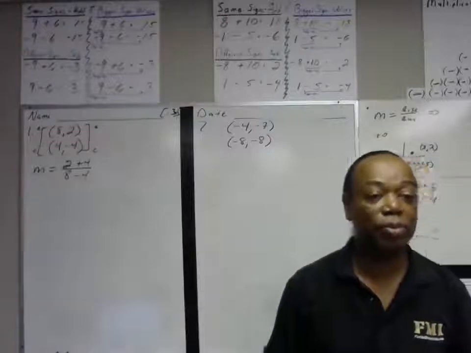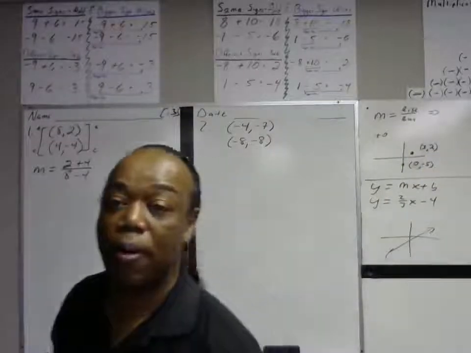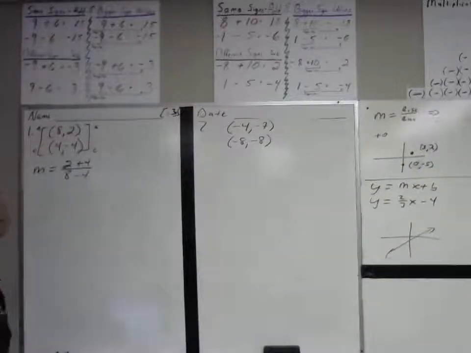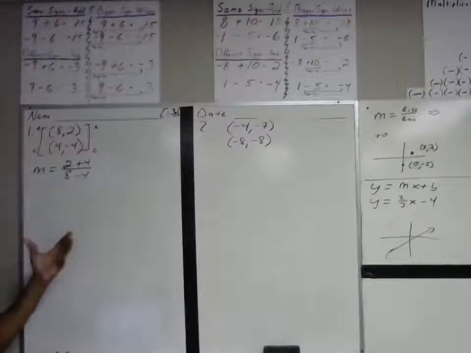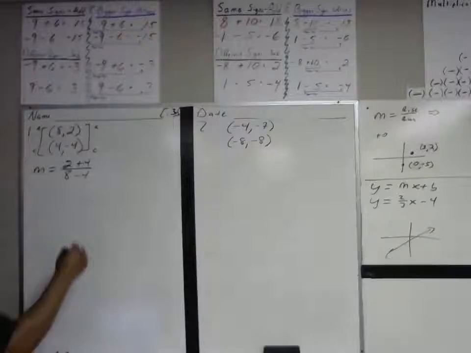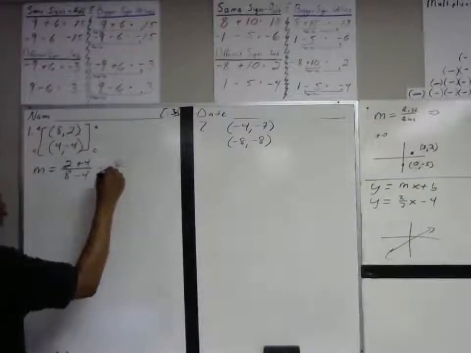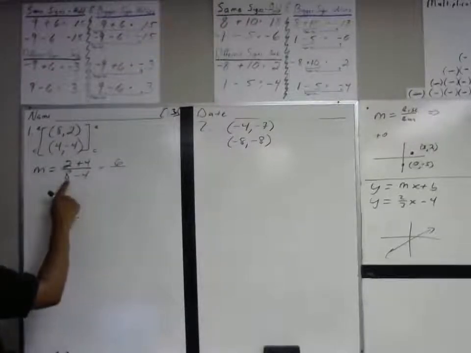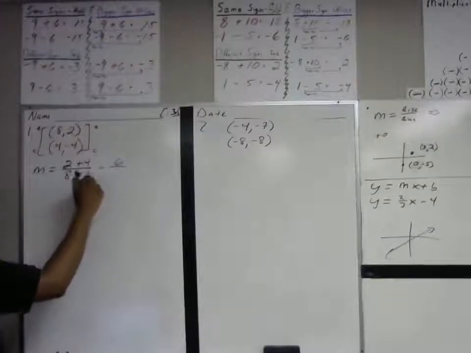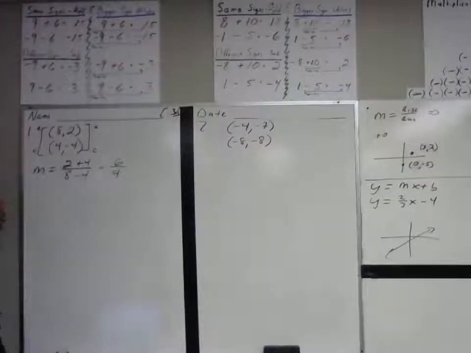That's your keep and change. As a result, +2, +4 add to a +6, and +8, -4 subtract to a +4.